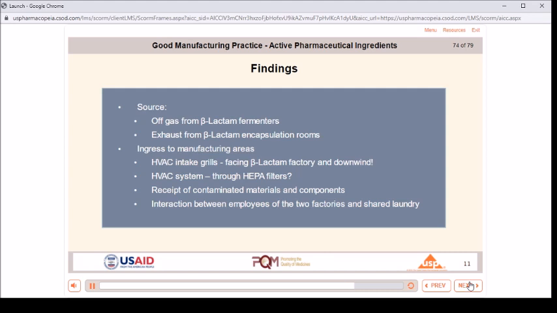The problem had been present for some time, and during that time, the HVAC system would have taken in a large number of beta-lactam particles. Furthermore, the HVAC air intake grills were directly facing the beta-lactam factory, and the predominant wind was from the beta-lactam facility towards the API FPP facility.